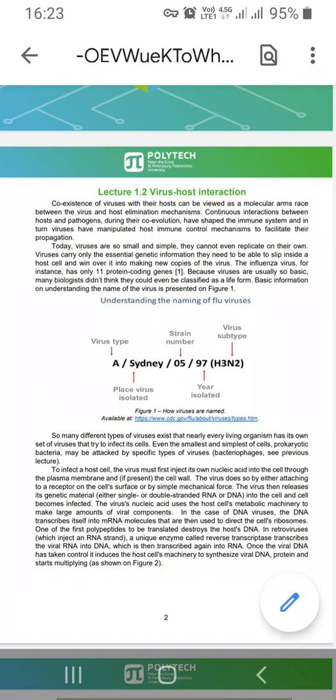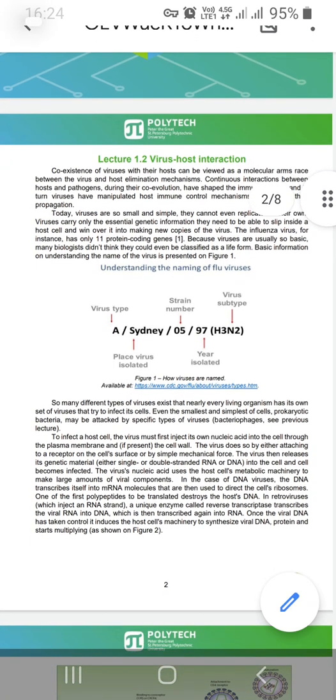Hello, we want to learn together the virus host interaction. Coexistence of viruses with their host can be viewed as a molecular arms race between the virus and host elimination mechanisms.